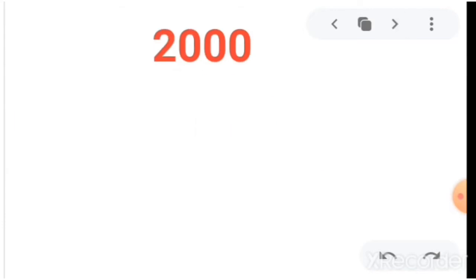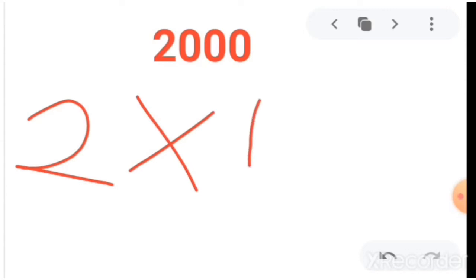For example, we want to write 2000 in standard form. The first whole number we see in this is 2, so we write 2. To write a number in standard form, we always write times 10. Now, we want to count the number of places the decimal point is going to move to the left to get the power of 10.